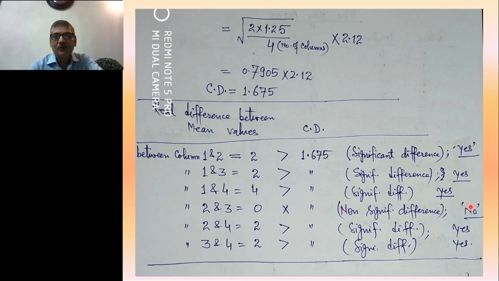So in this case we say that there is no significant difference. And again between 2 and 4 the difference is 2, and yes, we can say that this value is more than the critical difference value. So we say that there is significant difference. In this way we can exactly know which of the two comparisons show significant difference.